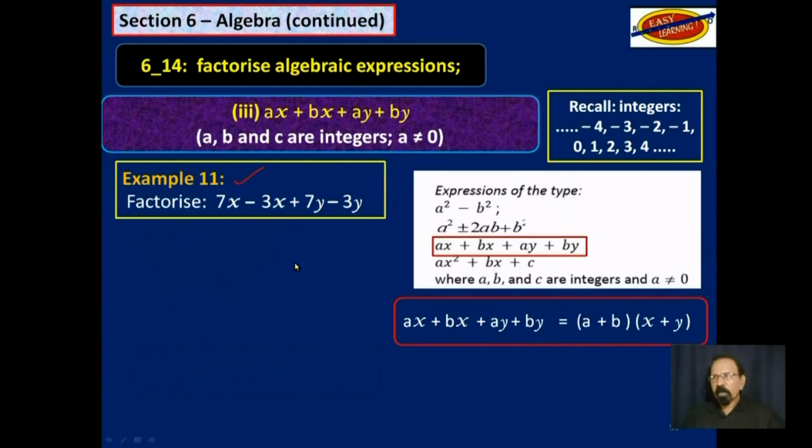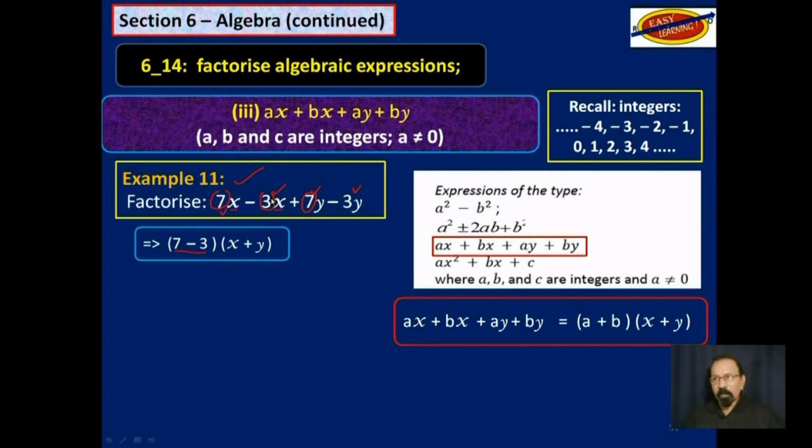Let's try one more like this. Factorize 7x minus 3x plus 7y minus 3y. Notice this 7 and this 7, this 3 and this 3. So we could extract 7 minus 3. And what remains? An x.